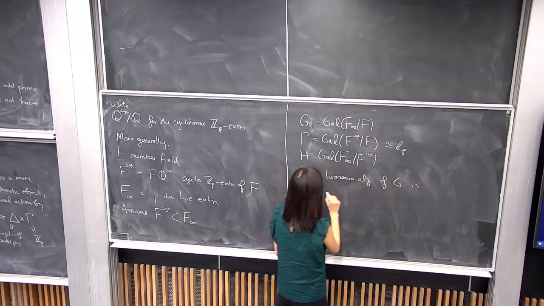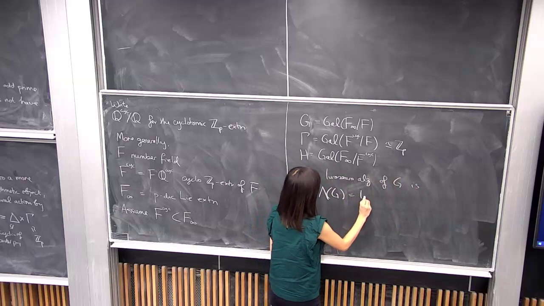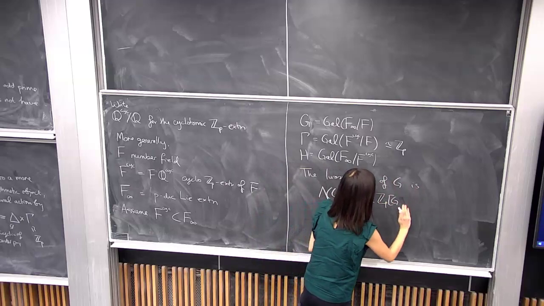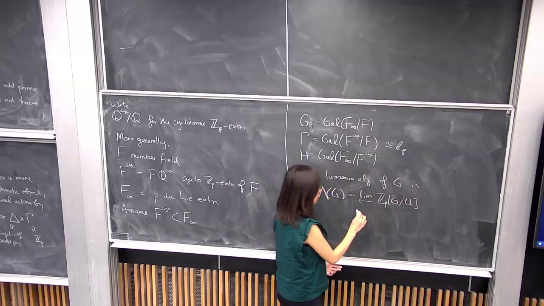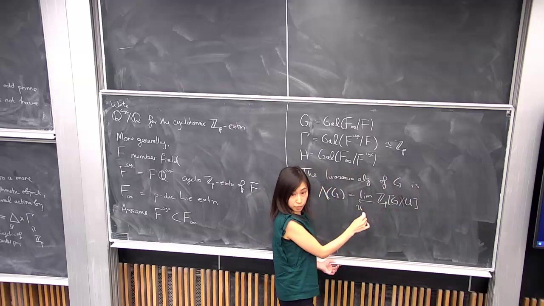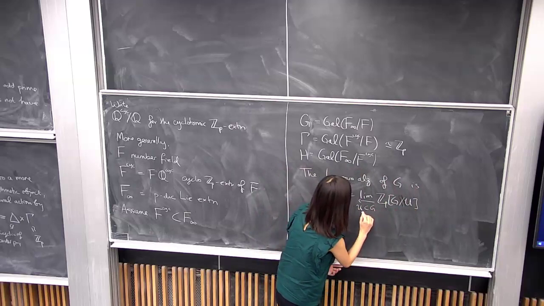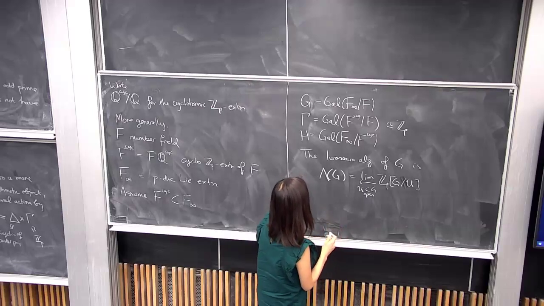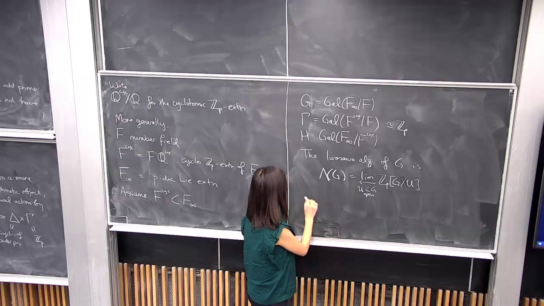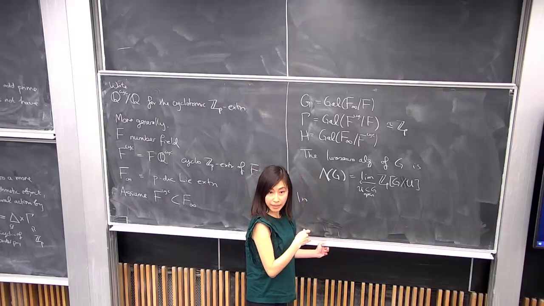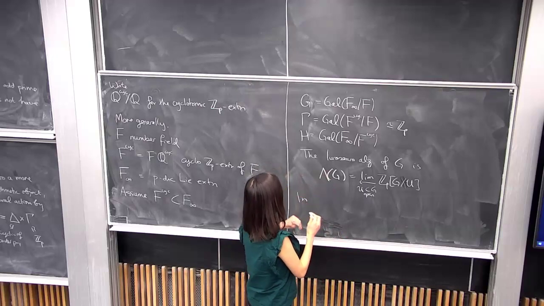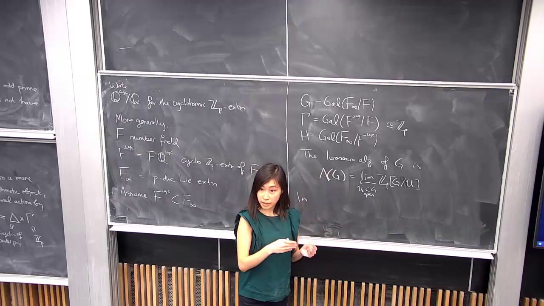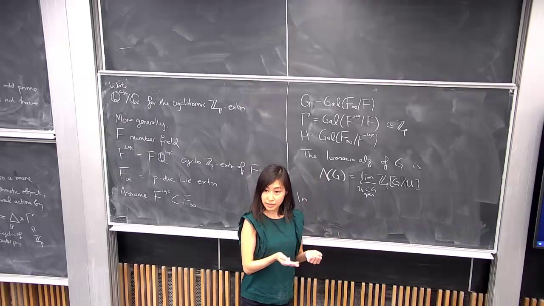Lambda(G) is the inverse limit of Z_p[G/U], where U runs over open normal subgroups of G. And in the case F_infinity is equal to the cyclotomic Z_p extension, we know that this Iwasawa algebra of Gamma is isomorphic canonically to the power series ring in one variable over Z_p.